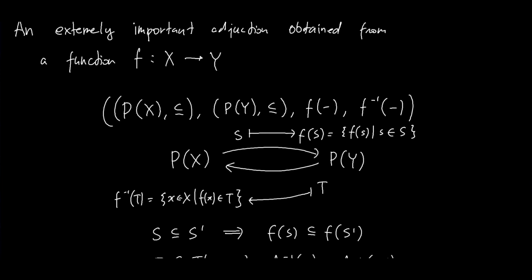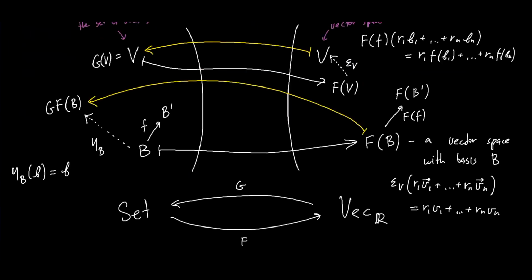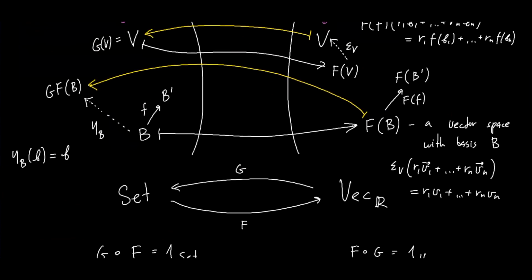And just like Galois connections are everywhere around us when we deal with more primitive structures like power sets and things like that, adjunctions are everywhere around us where we deal with more complex structures like the categories of sets or other mathematical structures.